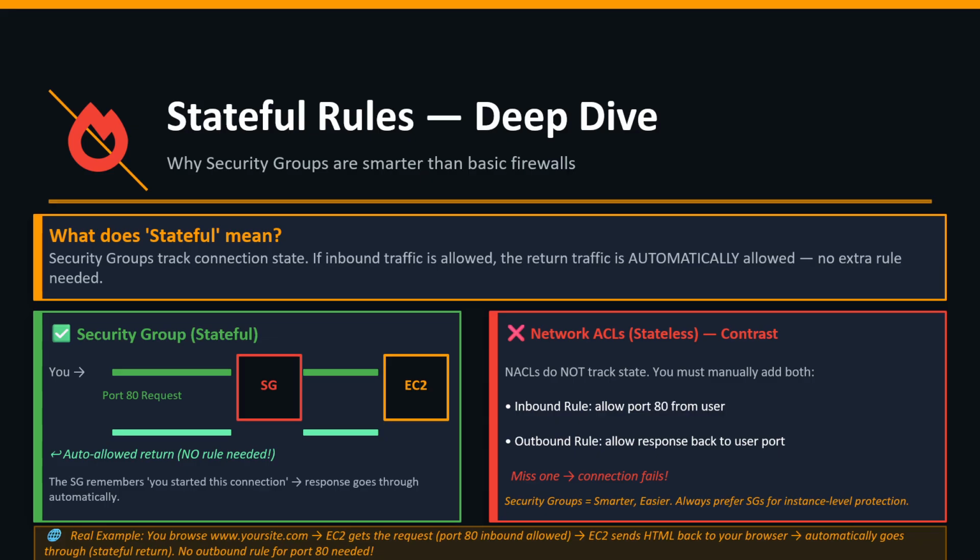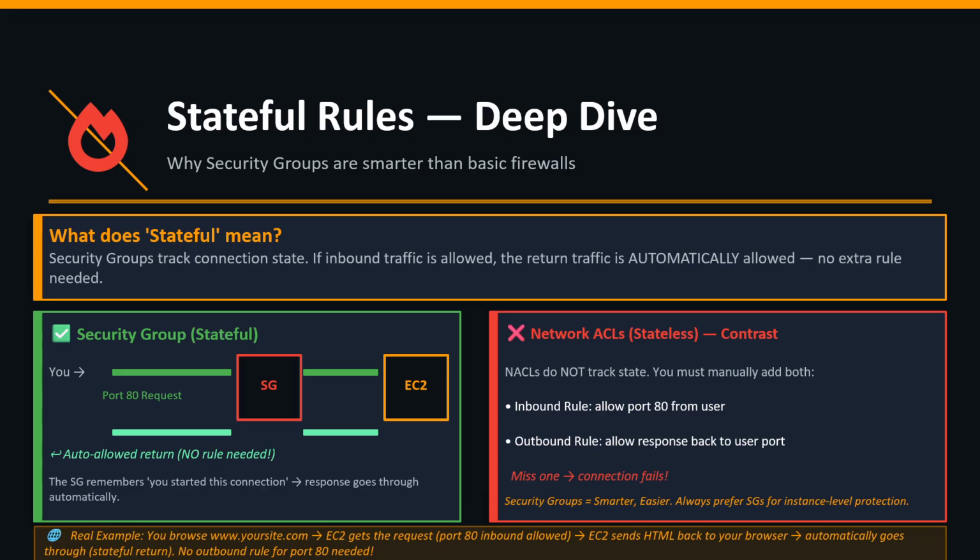What does stateful mean? The security group tracks the connection status. If inbound traffic is allowed, the return traffic is automatically allowed. That's why the security group is stateful. No extra rule is needed.